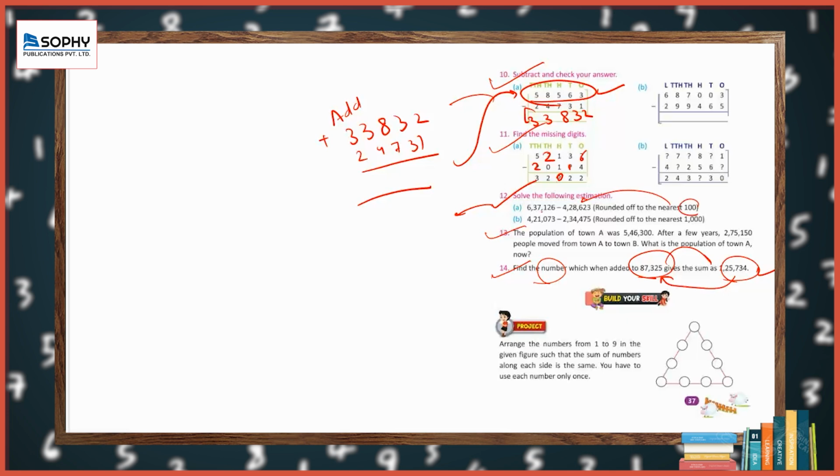So when we round it off to the nearest 100, it will be 6,37,100 and it will become 4,29,600. Now when you find the difference, students, it will be, very good, students, 2,08,500. That's how you can solve the remaining part, students.